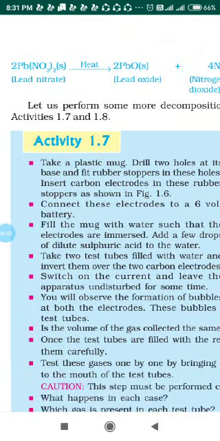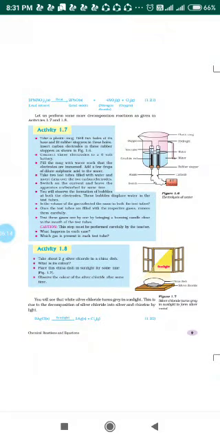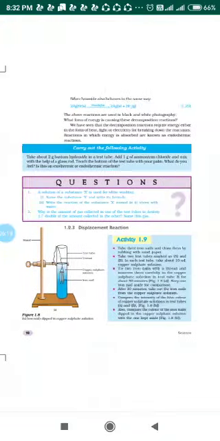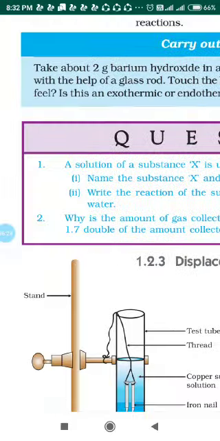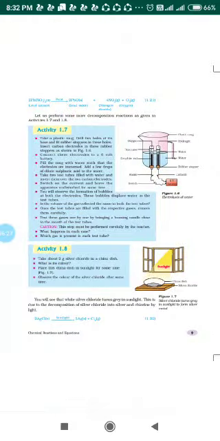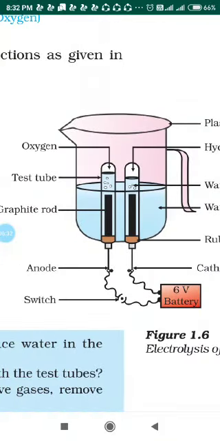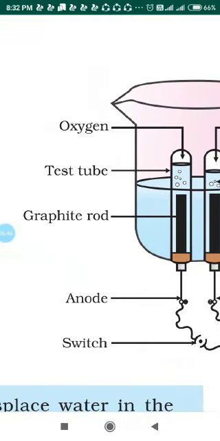So this is an example of photo decomposition. Third one is electro decomposition, which is called electrolysis also. See in the figure, when electric current is passed through water, it gets decomposed into its components, hydrogen and oxygen.